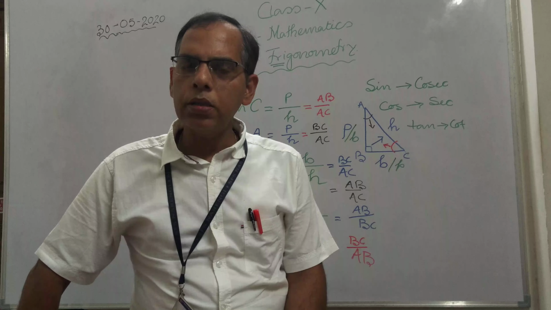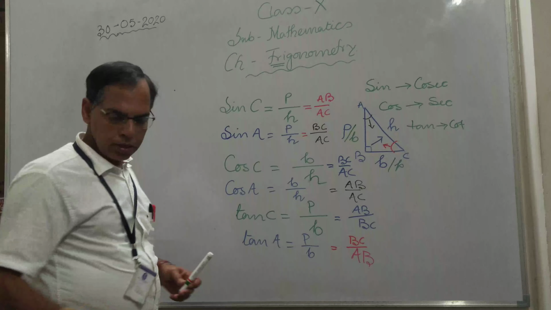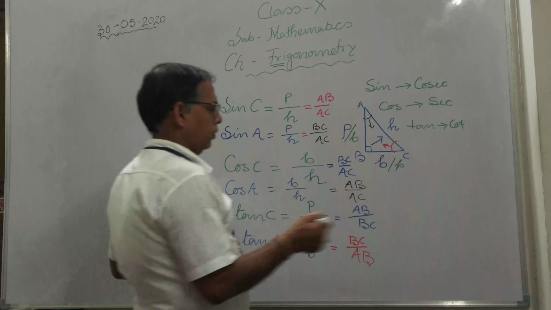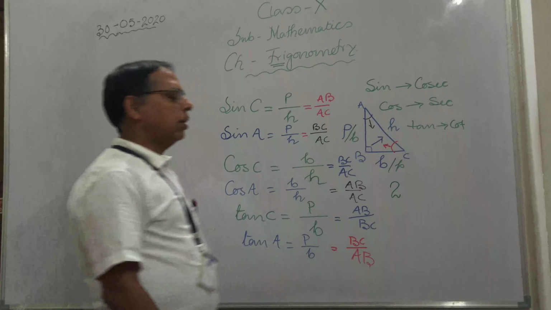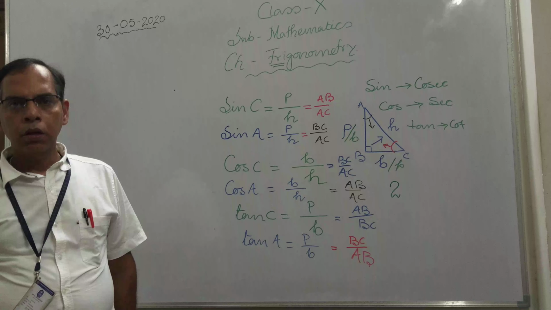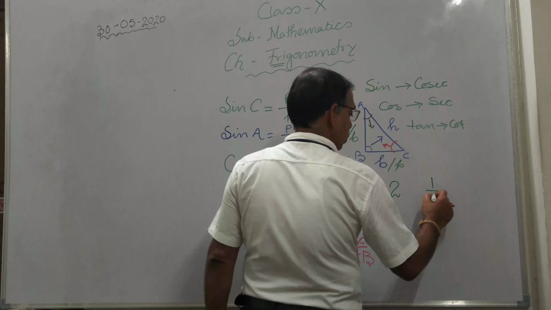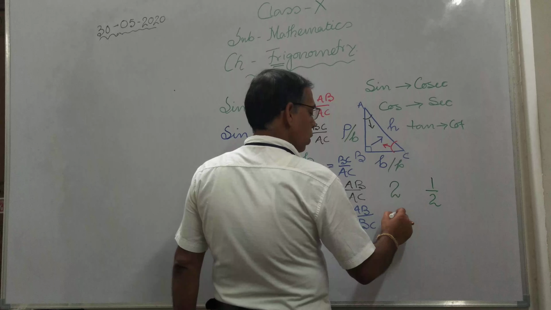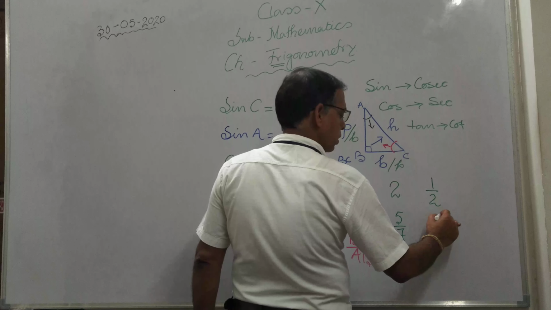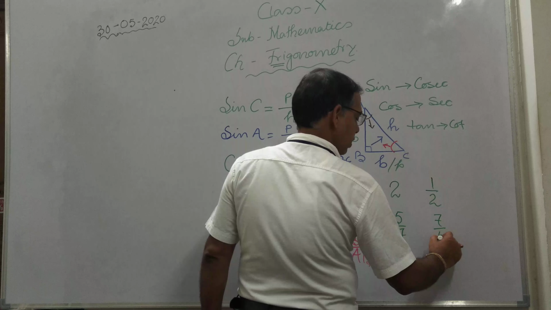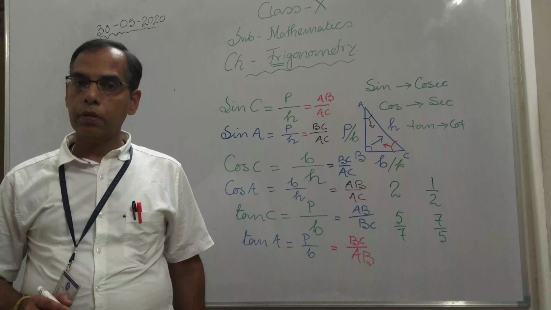Now, do you remember what is reciprocal? What is the reciprocal of 2? The reciprocal of 2 is 1 by 2. Or suppose, what is the reciprocal of 5 by 7? It is 7 by 5.